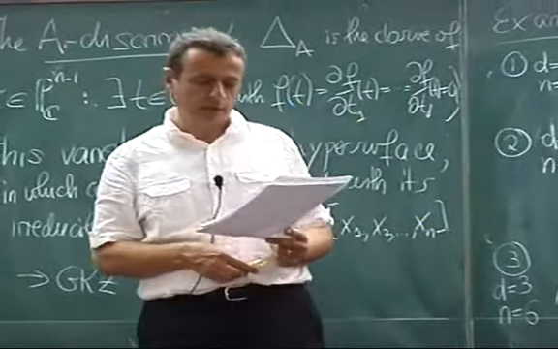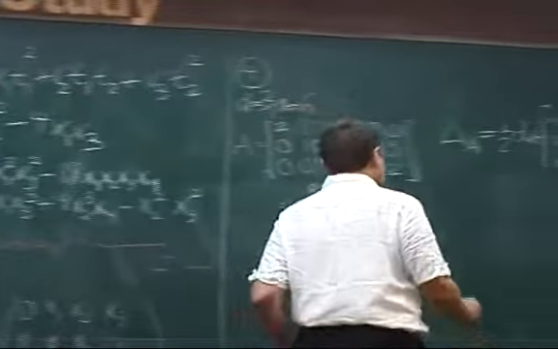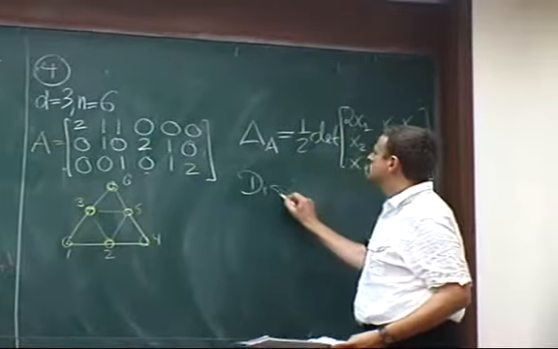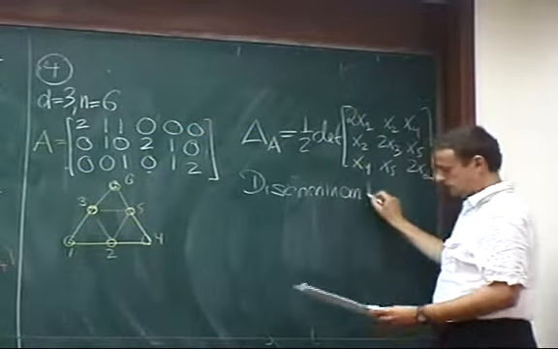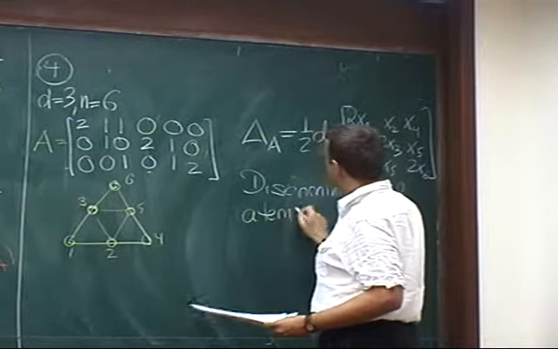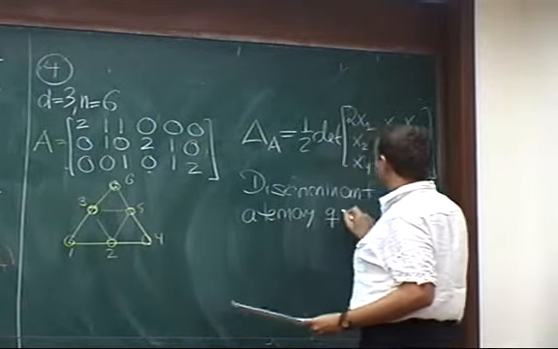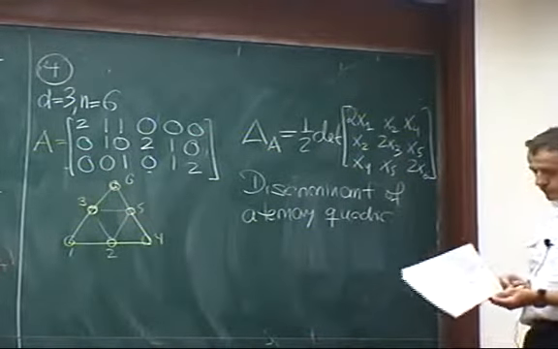So that's the determinant of a symmetric matrix, which is the discriminant of a ternary quadric. So that's a very, very old friend, right?